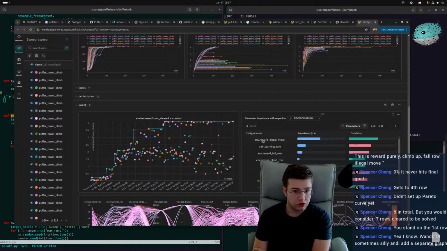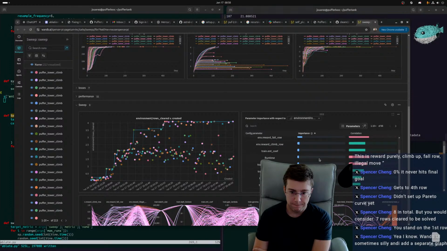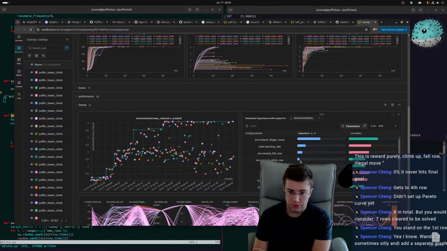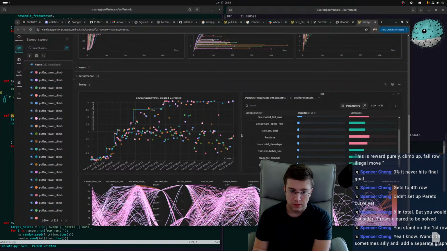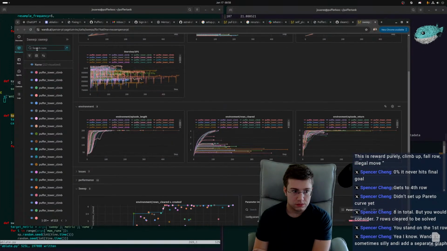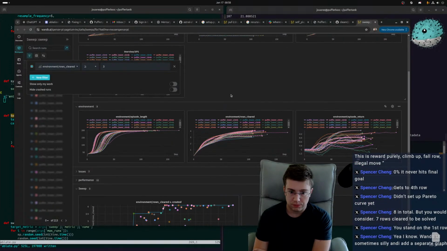Looks like your reward tuning matters a lot. Look at this. You see this reward tuning seems to matter a lot. So good job doing that. Let's filter.